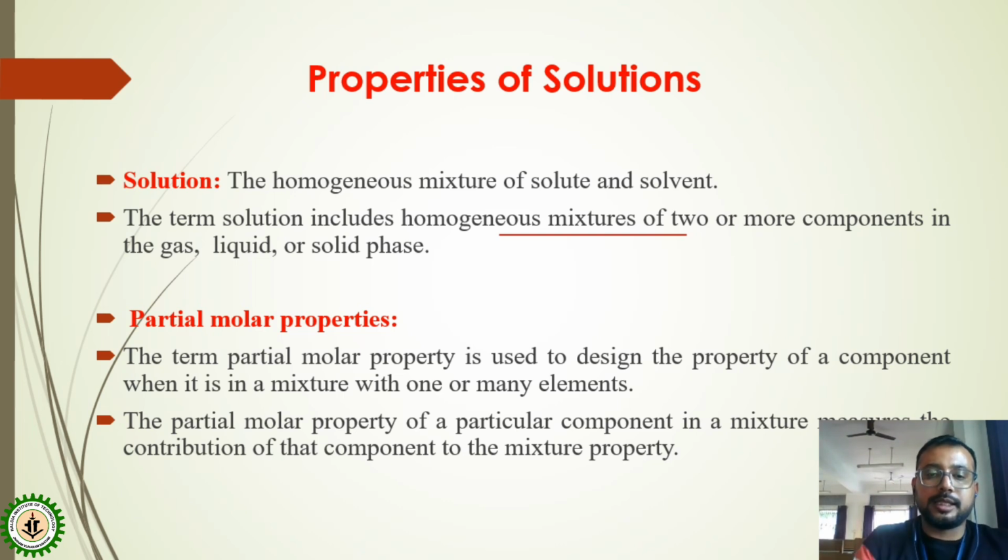That's why it is called the partial molar property of a particular component in a mixture, which contributes partially into the solution. Based on that, we can say it is the mixture property.